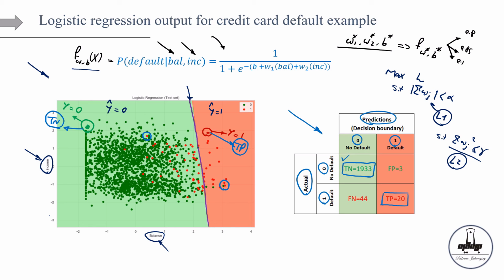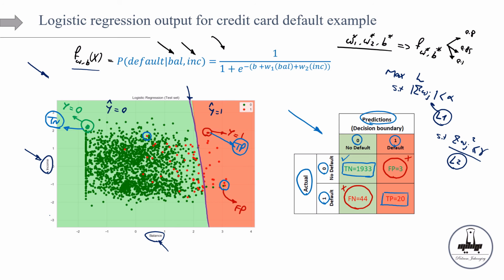What are the false predictions? In reality, this individual did not default, but the model predicted that it defaulted. This is a bad number, and we call it a false positive. The same story here: in reality, they did default, but the model predicted no default. These are false negatives. How can we see them here? These ones are false positives.